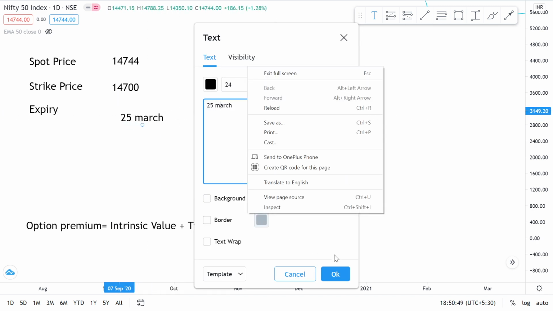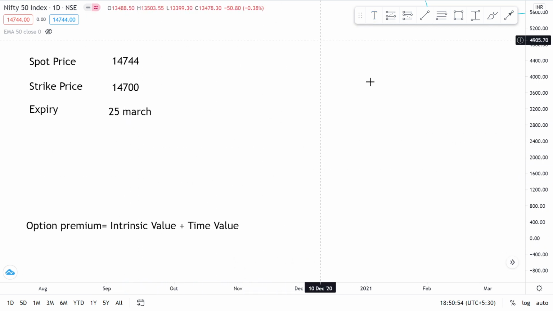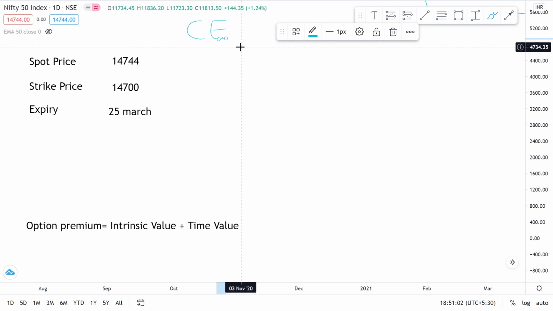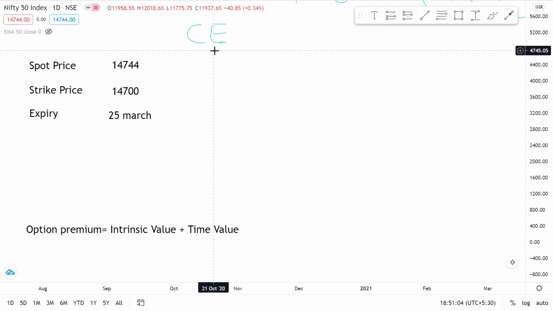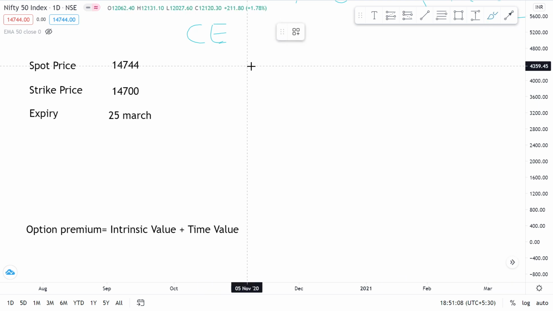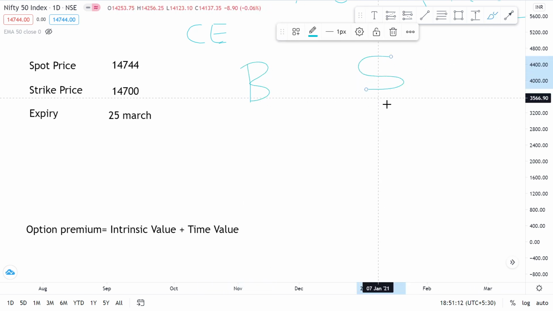Now what are these and how do these work? We are discussing this in the context of a call option. A call option is denoted by CE. What this means is you have a buyer and a seller. You have an option buyer and an option seller, right?